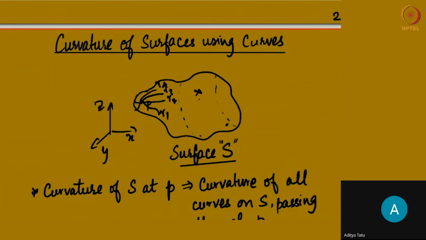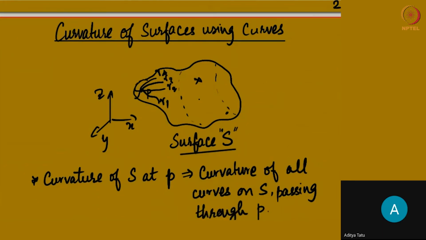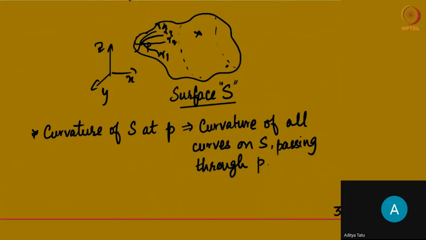The only change now is that the curves should entirely lie on the surface, and they pass through the point where we are trying to capture the curvature of the surface. So that's going to be our first attempt. To measure curvature of the surface at a point P, we first see how to summarize or capture curvatures of all curves on the surface that pass through the point P. Clear?